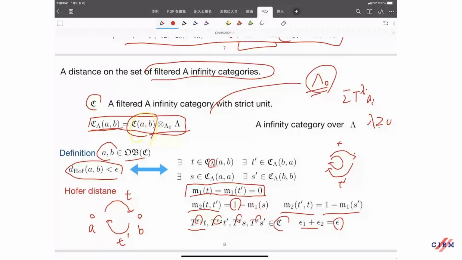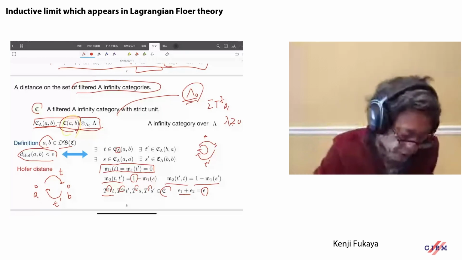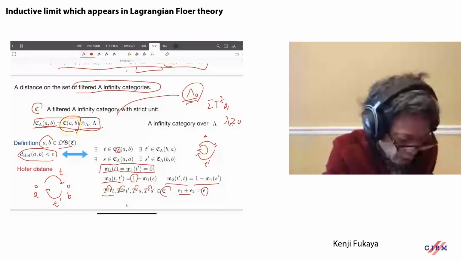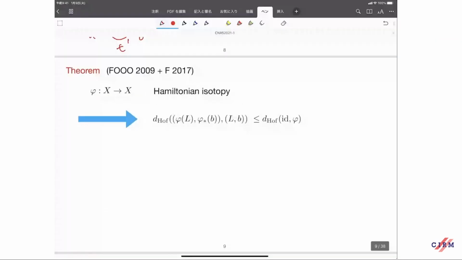And so this is something like a metric on a space of objects of a filtered infinity category. And there is one theorem that is the reason why I call it Hofer distance. Suppose you have this Hamiltonian isotopy phi from a symplectic manifold to itself.